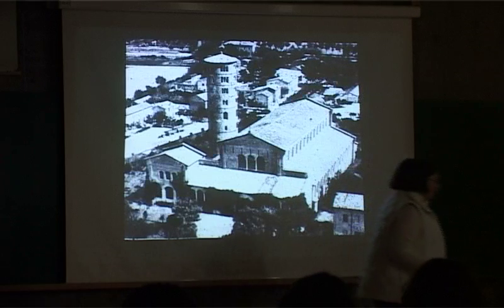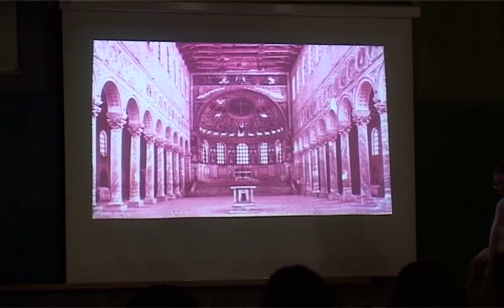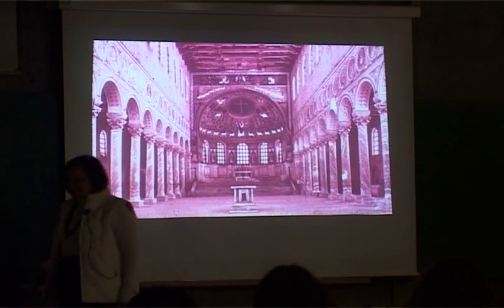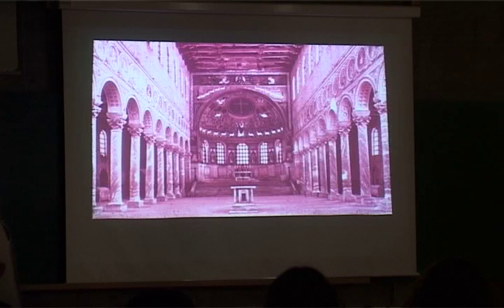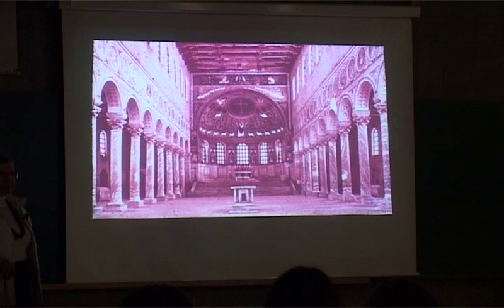But there is one contribution which Justinian brought into effect in these projects in Ravenna and elsewhere, as we shall see, and that is the introduction of mosaic art into the interiors of the churches.